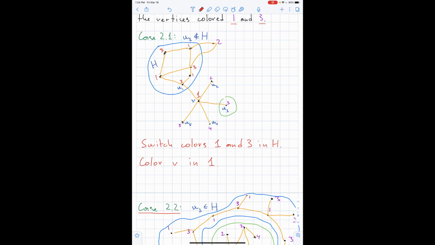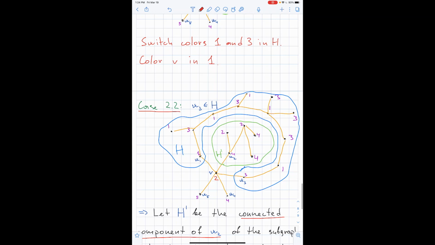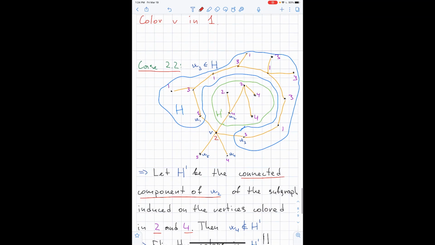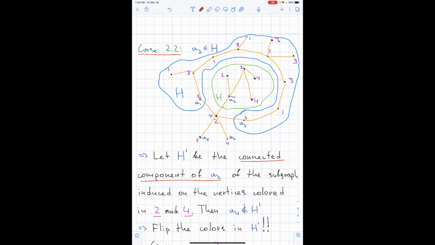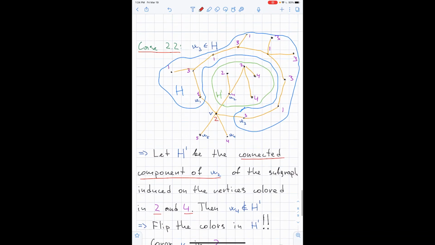But if we are not successful, then the corresponding path will separate W2 from W4, and therefore we'll be able to do it for this subgraph H prime of colors 2 and 4, the connected component containing W2. All right, so that's it. That's the end of the proof.